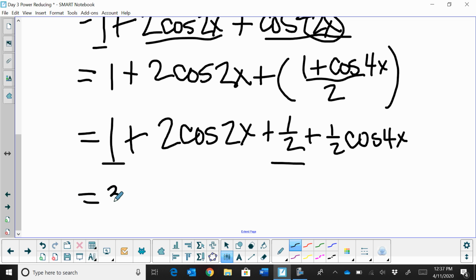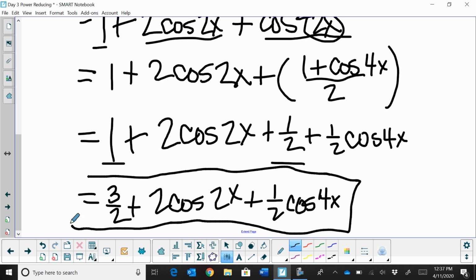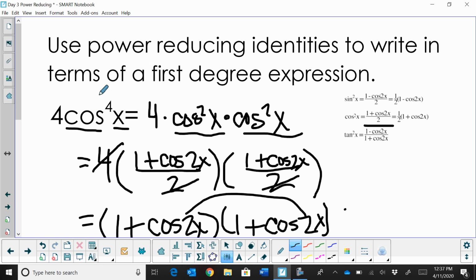That becomes 3/2 plus 2 cosine 2x plus 1/2 cosine 4x. And guess what? I'm officially finished. There is the final answer for power reducing 4 cosine to the 4th x.